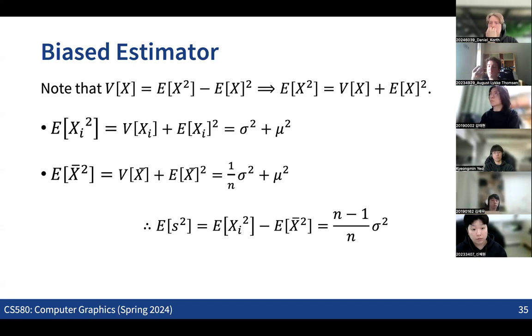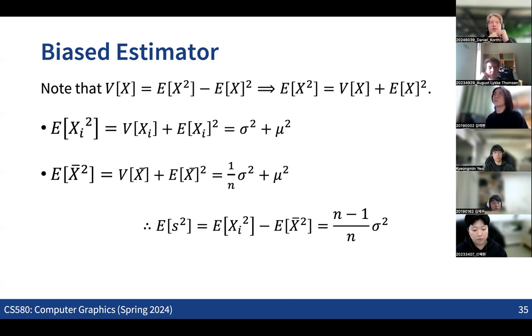But it's just that the expected value of the estimator does not exactly match the true value. So we need to get a sense of the difference between the unbiased estimator and the biased estimator. Even with the biased estimator, while the expected value does not match, if we have tons of samples, then the estimator will converge to the true value.